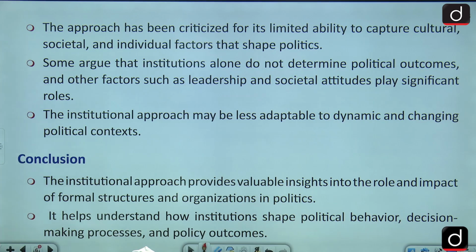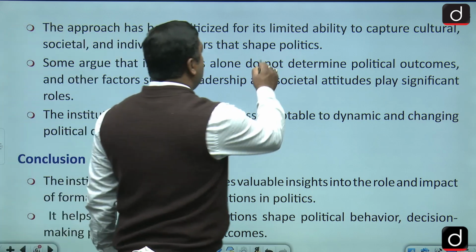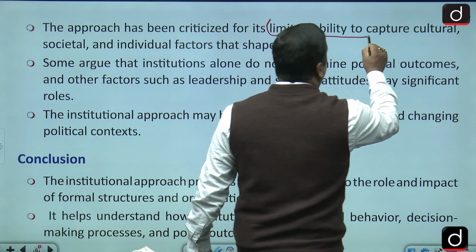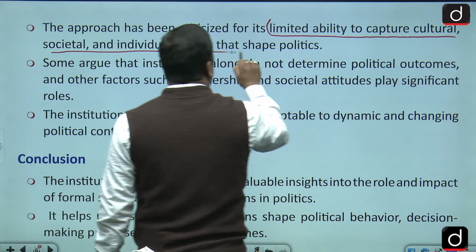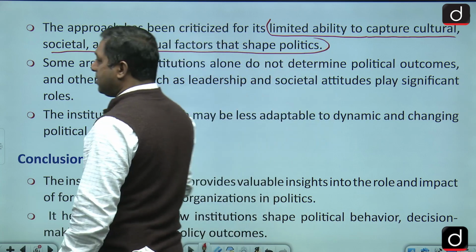The third criticism is that this approach has been criticized for its limited ability to capture cultural, societal, and individual factors that shape politics.